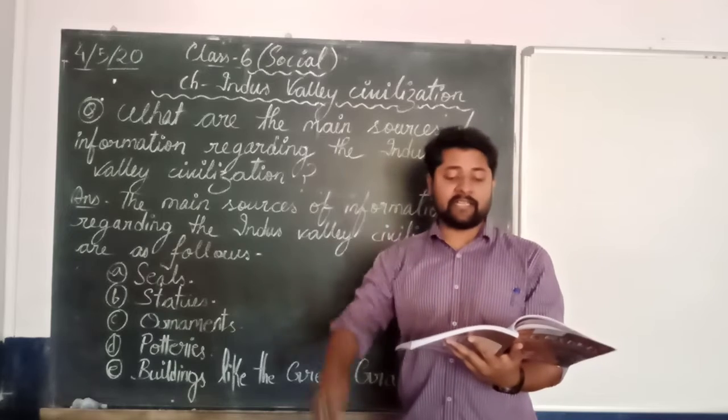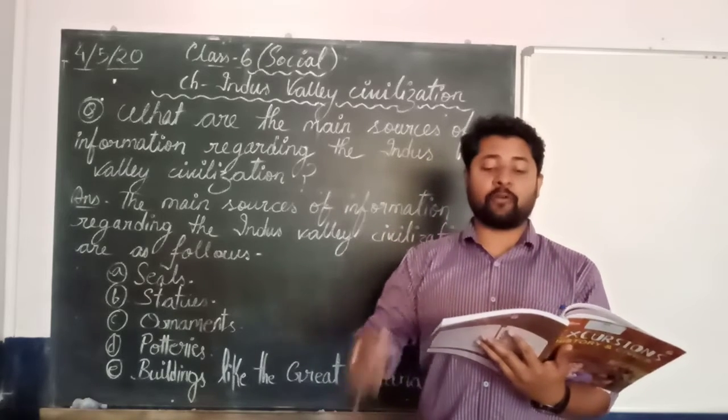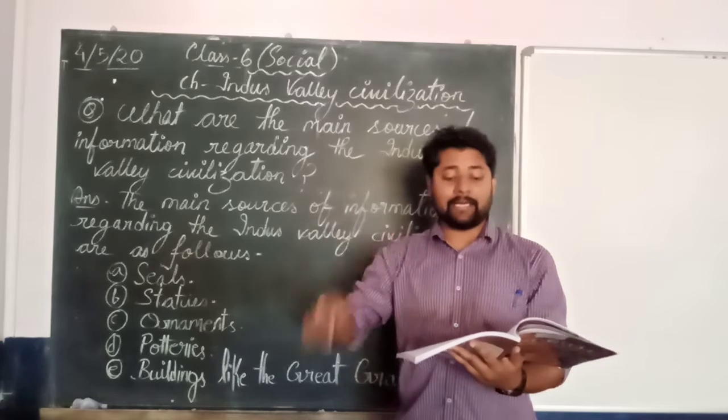So these are the streets. The main streets of Mohenjo-daro followed the grid system.